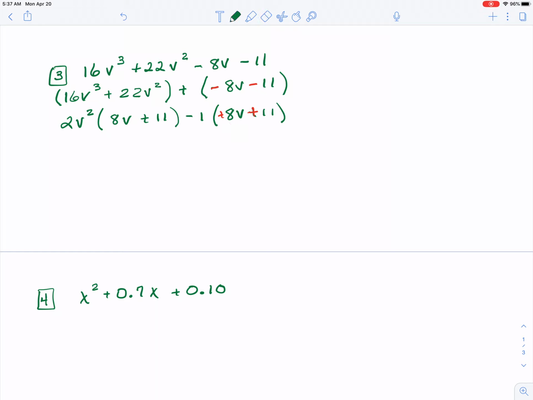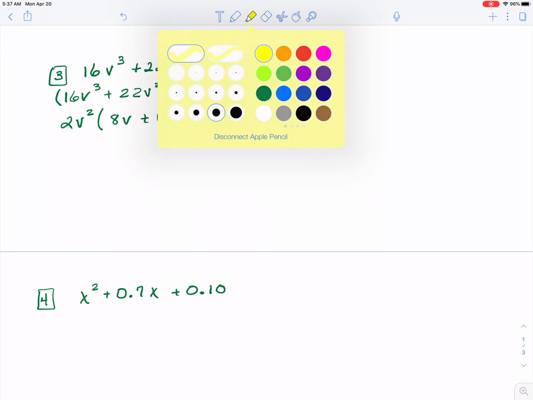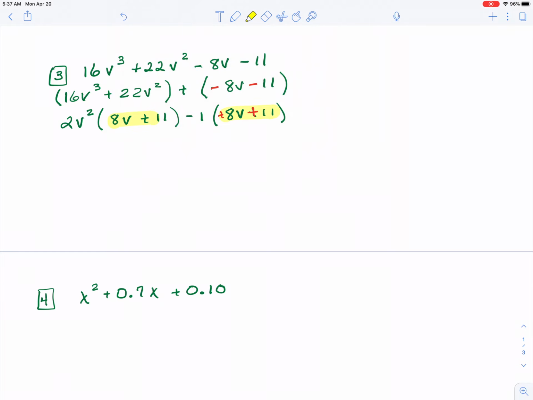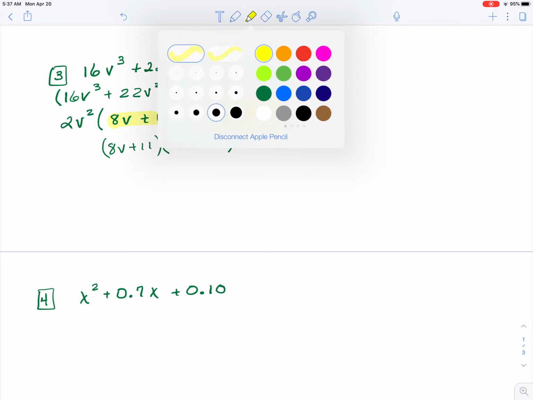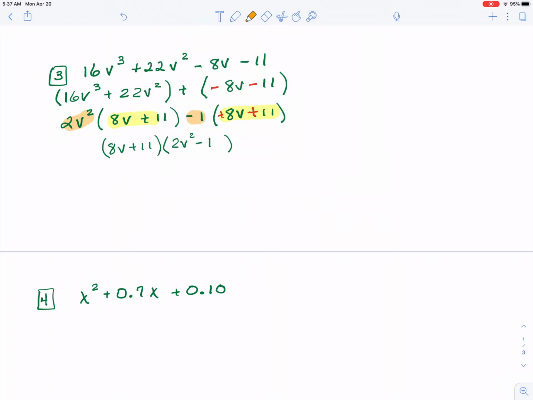All right, that's looking good, because now I'm seeing again these matching parentheses, 8v plus 11. So again, I'm going to pull that out as the common factor, set it out in front, and then the 2v squared minus 1, again coming from here and here, is what goes into the second parentheses.